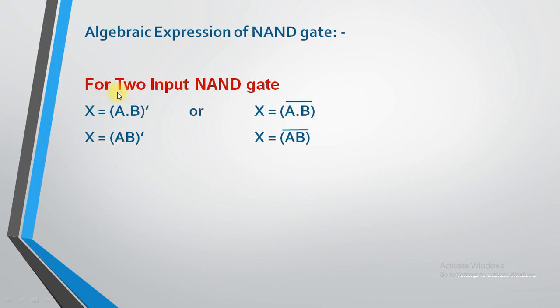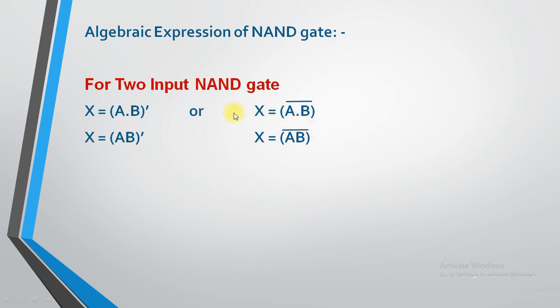So I have written the algebraic expression of the NAND gate over here: X equals (A into B) dash, this is the whole dash, AB whole dash, or you can replace it with bars: A dot B whole bar, AB whole bar.